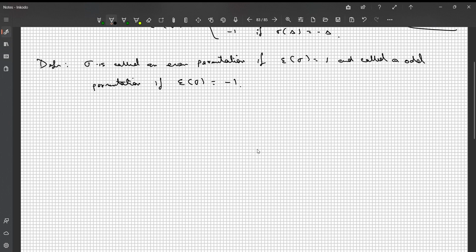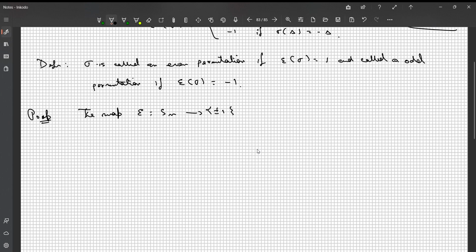Clear? Okay. Got it? The next thing we claim is that this epsilon, since we can obviously denote epsilon as a mapping, is a homomorphism from Sn to the set plus minus 1, because it can only take the elements plus minus 1. Okay.